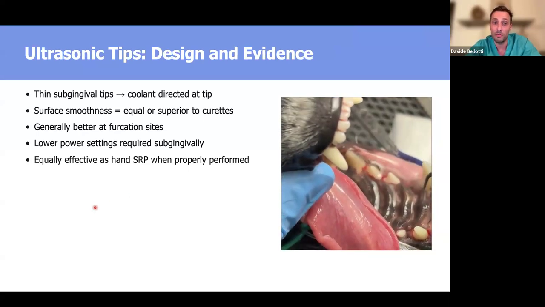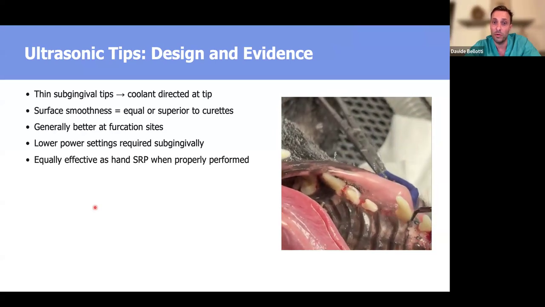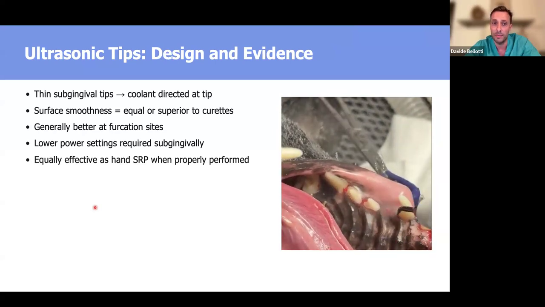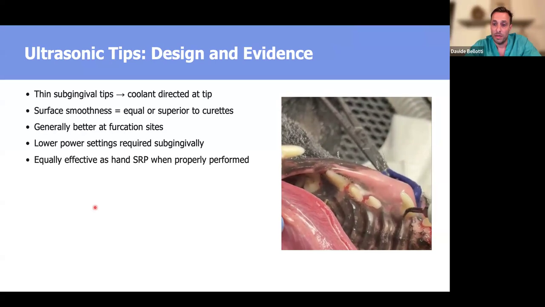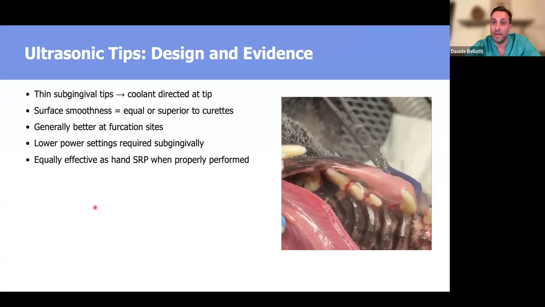We have thin subgingival tips with coolant that gets directly to the tip. It gets the surface very smooth, equal to or better than the curette. It's generally better at furcation sites. We need to use a lower power setting subgingivally. And it's definitely as effective as hand closed root planing.